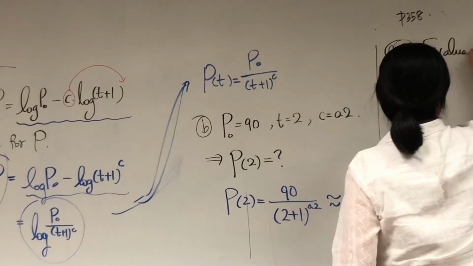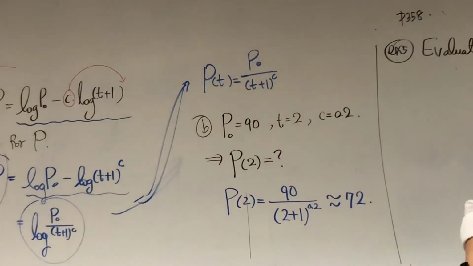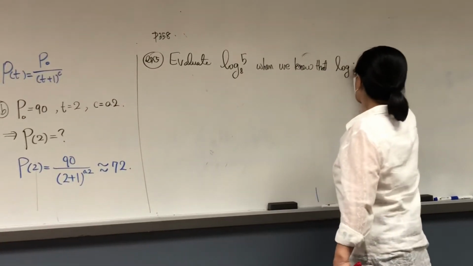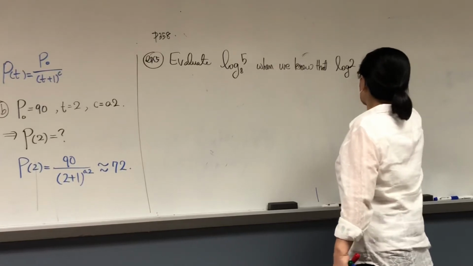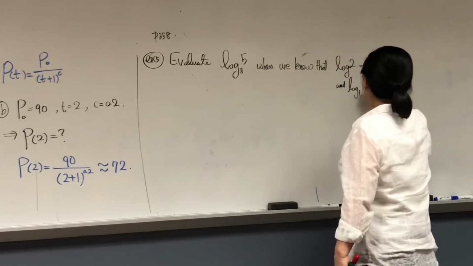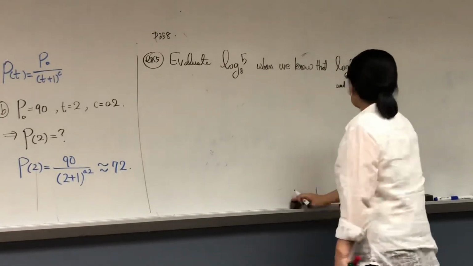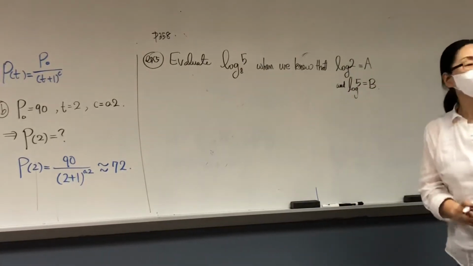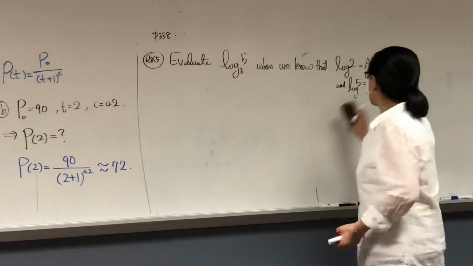Evaluate log base 8 of 5, when we know that log 2 is equal to a and log 5 is equal to b. Just do this.